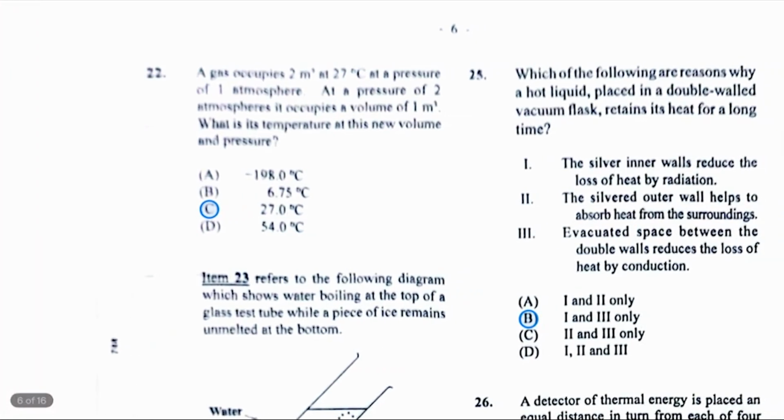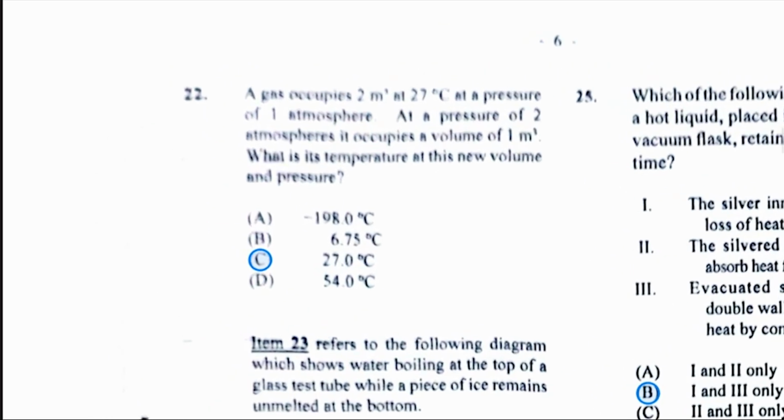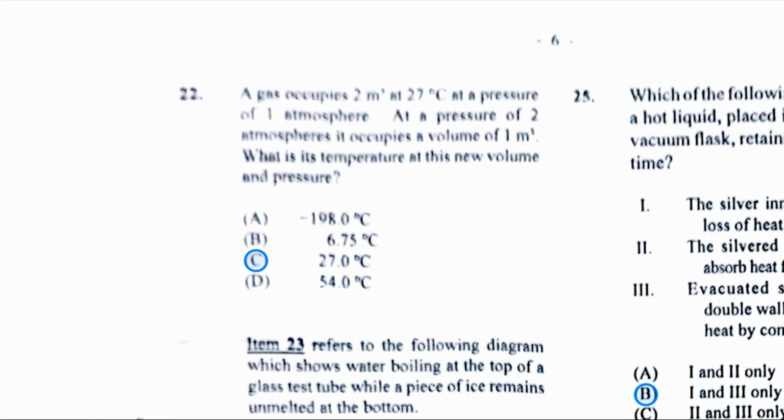Question 22. A gas occupies 2 meters cubed at 27 degrees Celsius at a pressure of 1 atmosphere. At a pressure of 2 atmospheres, it occupies a volume of 1 meter cubed. What is its temperature at this new volume and pressure? So in this question, they are giving us volume, temperature, and pressure. So we have to use the combined gas law. The combined gas law is P1V1/T1 = P2V2/T2.